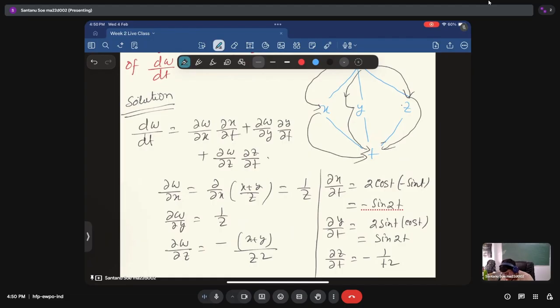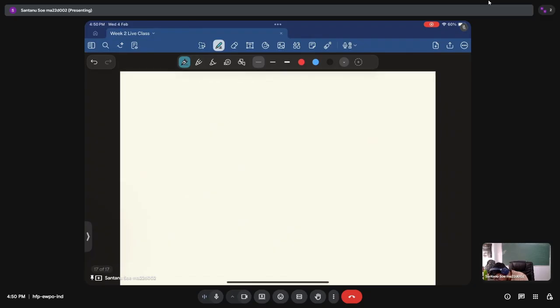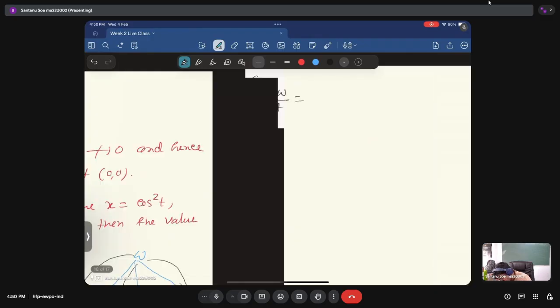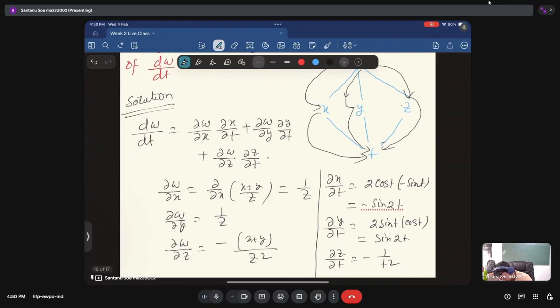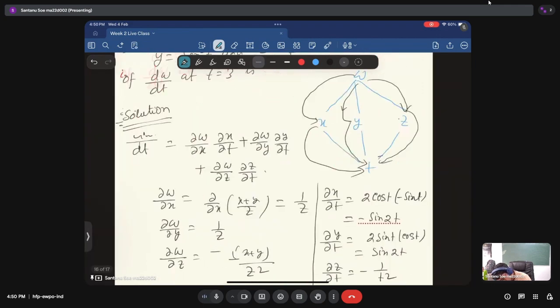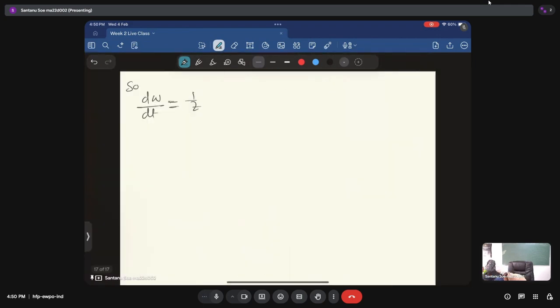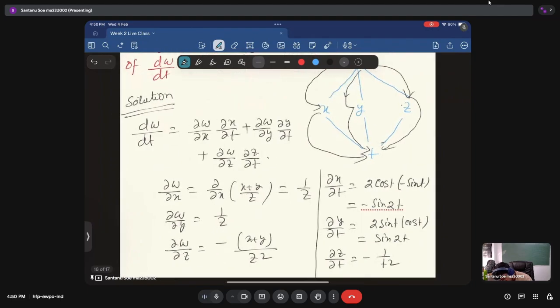So now we have to substitute all these partial derivatives into the definition of dw by dt. So dw by dt is nothing but, first it was del w by del x and del x by del t, and del w by del x is 1 by z. So 1 by z times, what is del x by del t? Del x by del t is minus sine of 2t. Similarly, del w by del y is also 1 by z, and this is sine 2t.